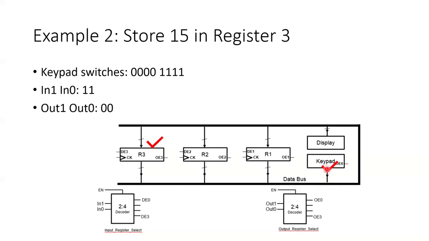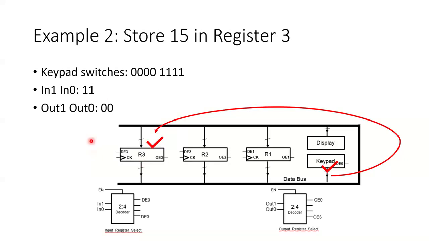So the output of keypad is enabled by out 1 out 0 as 0 0, and the input of register 3 is enabled by in 1 in 0 as 3, which is 1 1. So once you assign these values and push the clock, the data will flow out from the keypad and will go in the register, right?